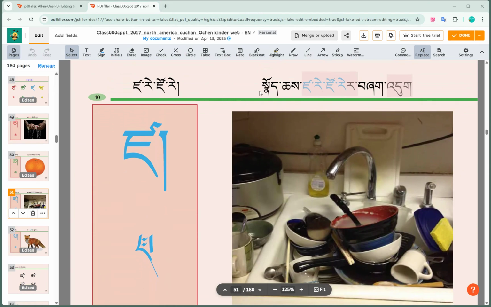So the sentence is, the dishes are put in a mess. That's the easiest way to translate it, or you could probably translate it a few different ways. And in this case, dishes or pots, pans, utensils is noche. So like cooking things.